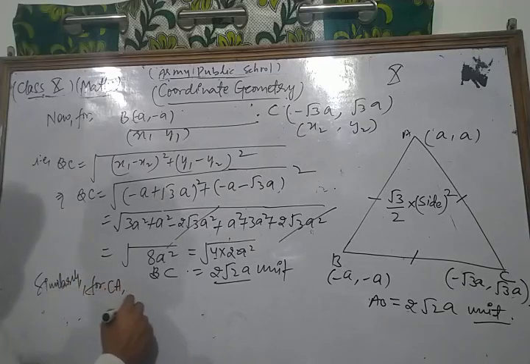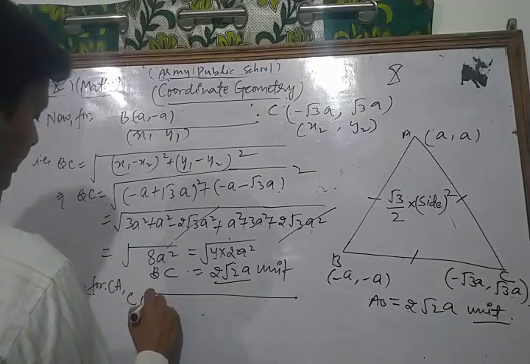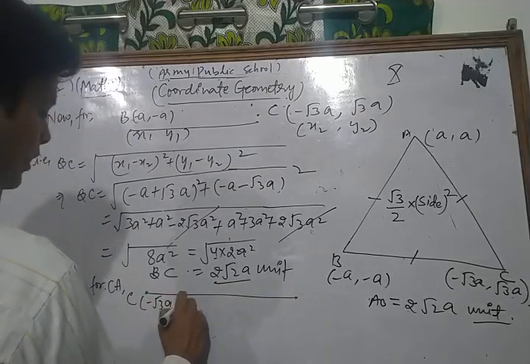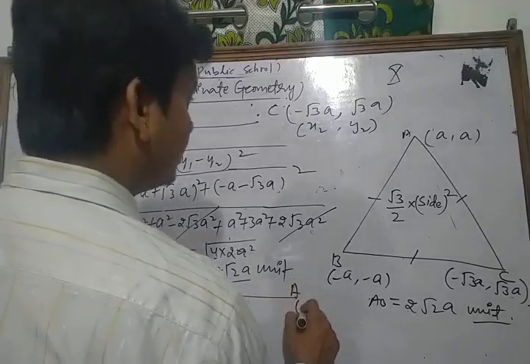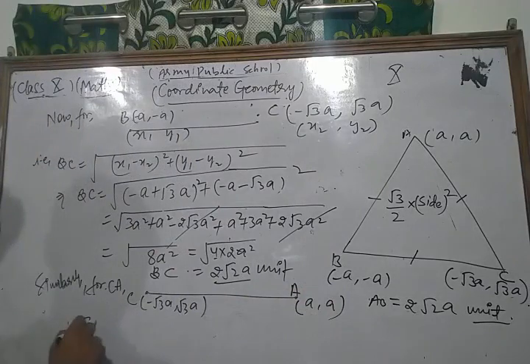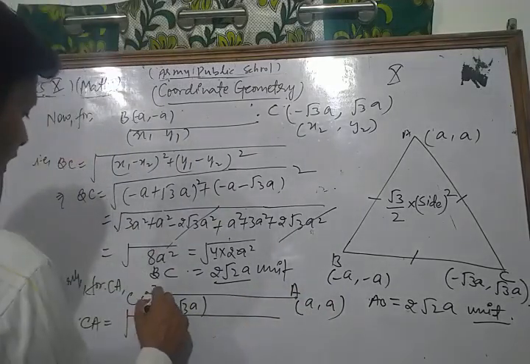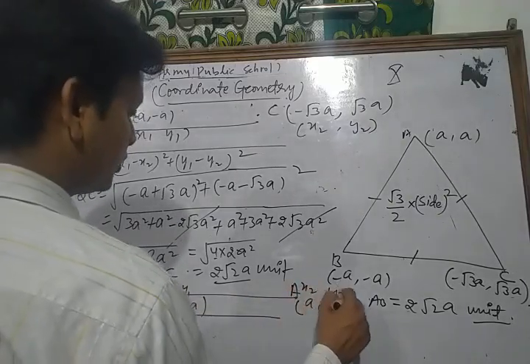for CA, this is C. The value of C is (−√3a, √3a), and A is (a, a). Now we find the distance CA using the same formula, with x1, y1, x2, y2.